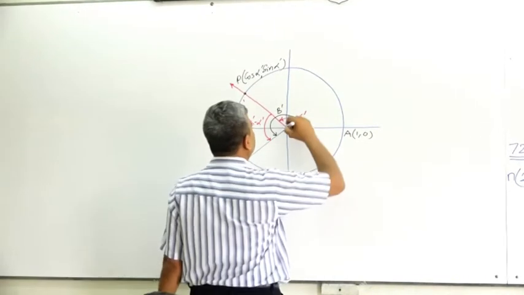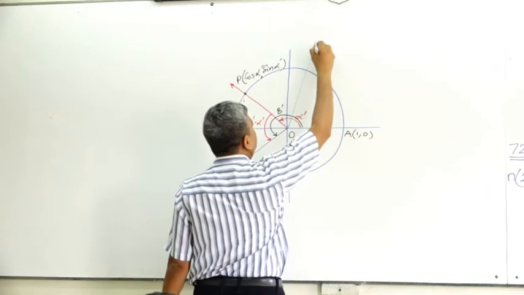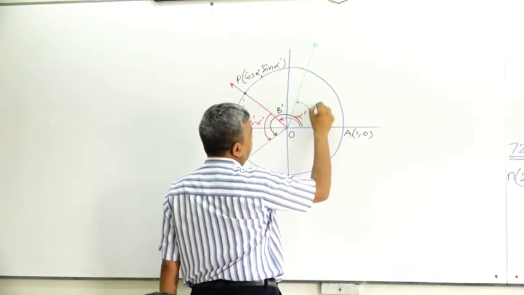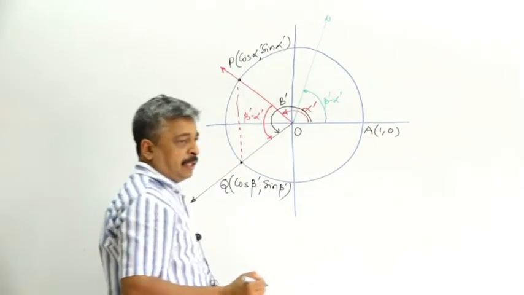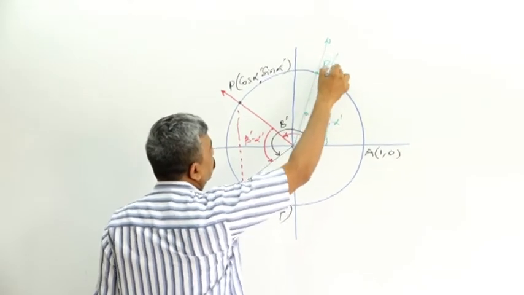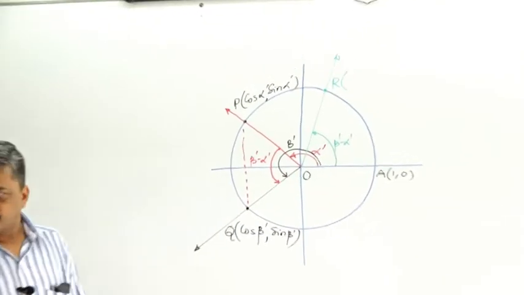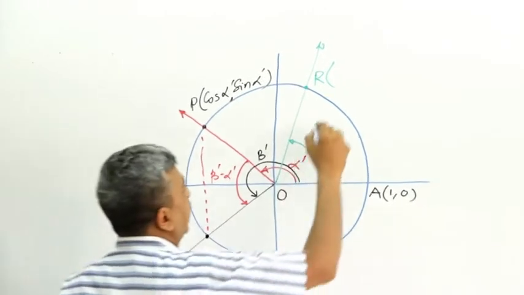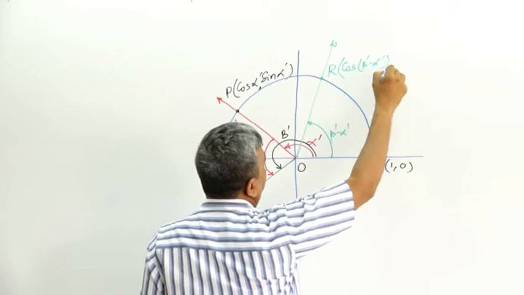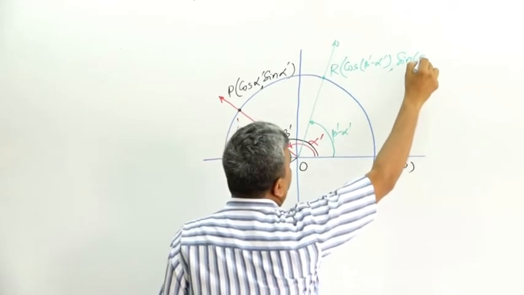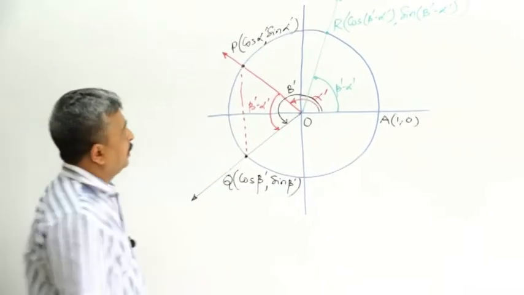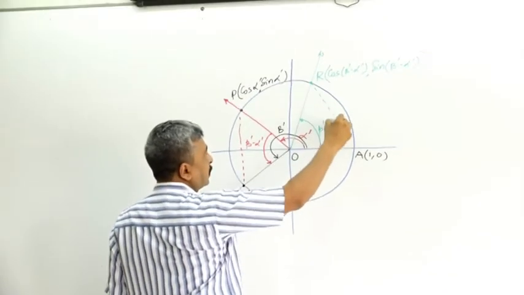This is alpha dash, comma, beta dash. Now I can take the measure of this terminal ray as beta dash minus alpha dash and let it intersect at this point, which is R, whose coordinates are cos of (beta dash minus alpha dash), comma, sin of (beta dash minus alpha dash). Correct? And let me join this.